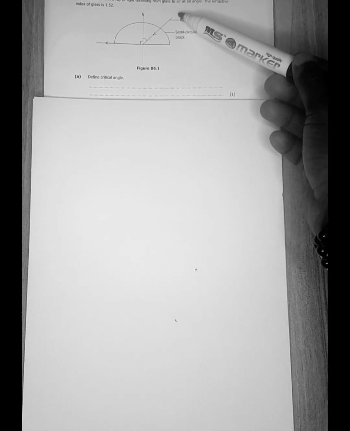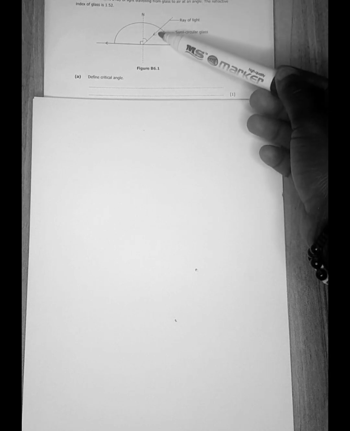The refractive index of glass is 1.52. So we have that diagram showing the ray of light moving from glass going to air at a certain angle.